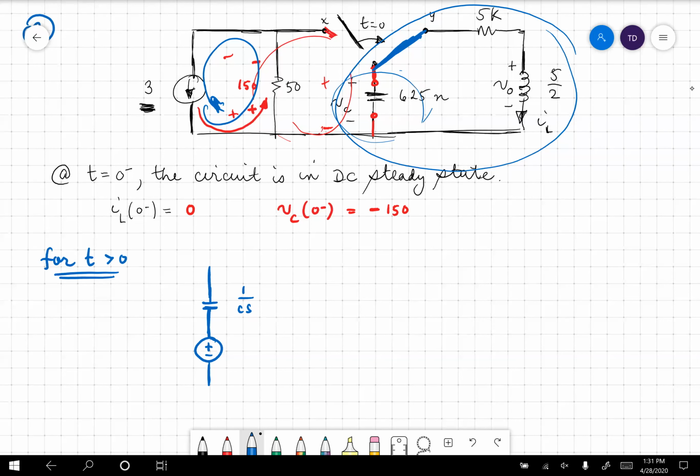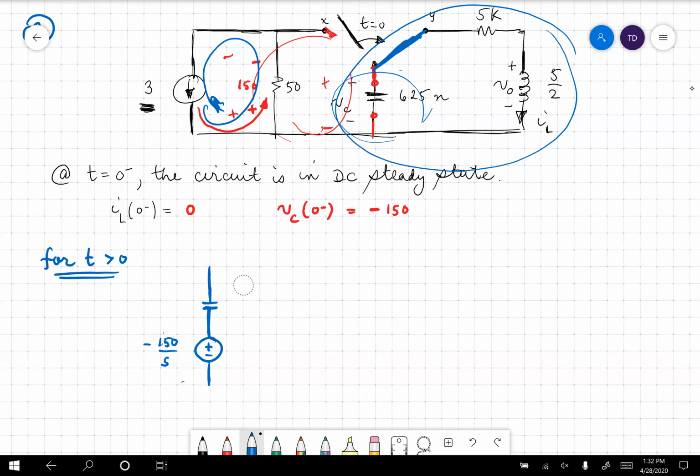What's the equation for this, for the voltage source? It's going to be V at 0 over S. All right, well, we have V at 0. V at 0 is negative 150. Negative 150 divided by S.